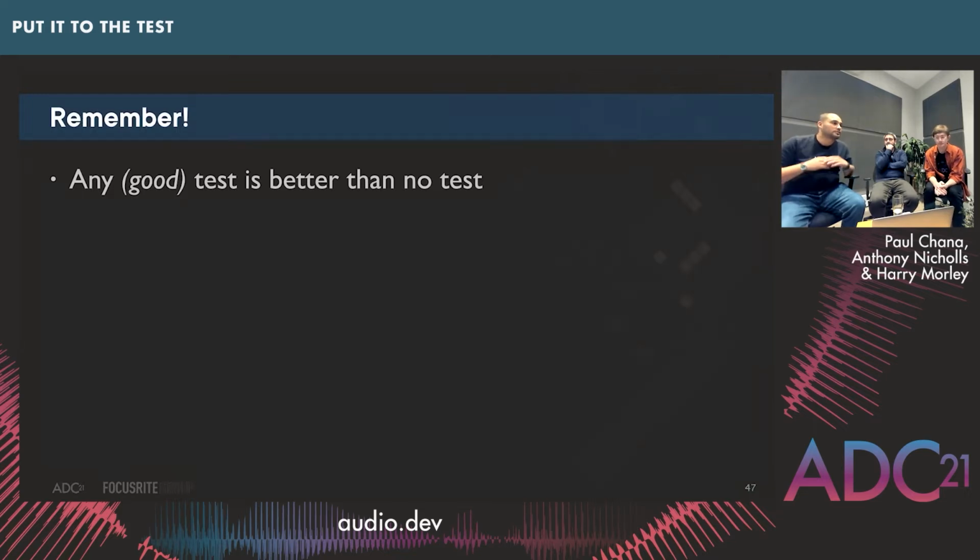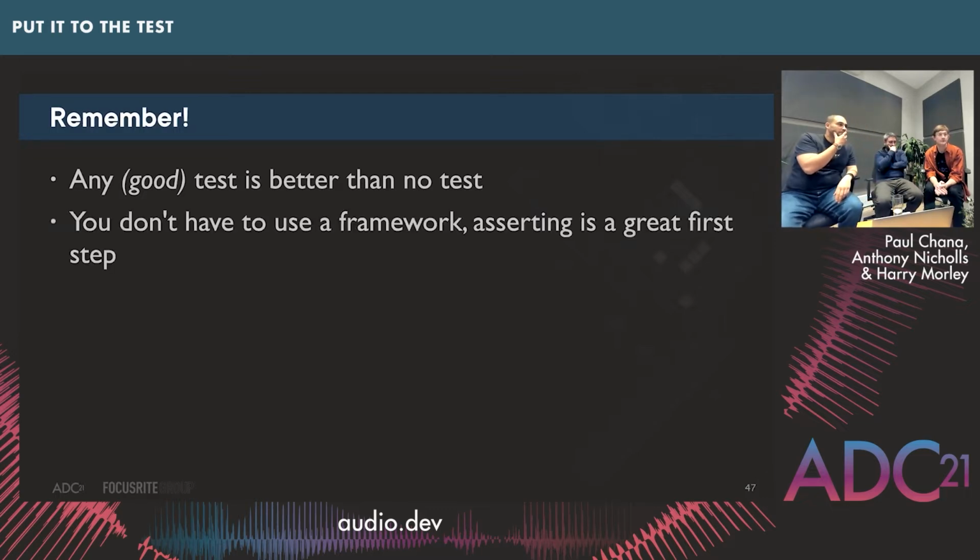The more tests you add to your code base, the more confidence you'll have going forwards. And you have to start somewhere. So start with any test that you can fit in. Try and make it comply with those 7 key rules. And if you do that, you'll start to see places where you can add those extra tests.